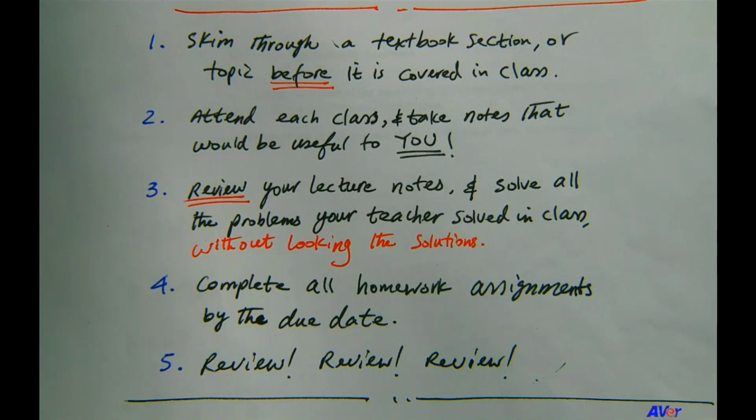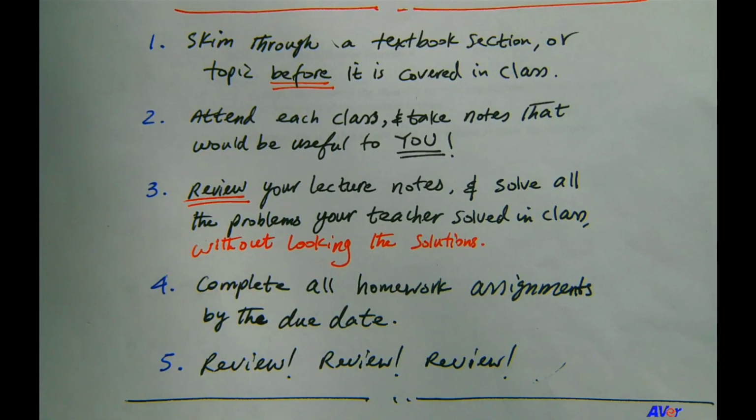Before that, I'd like to remind you to please skim through the textbook, spend half an hour to 45 minutes reading through section 3.4. Then watch this video and attend class and take careful notes of the things that you read or see that might be important to you, and also write down any questions that you might have.